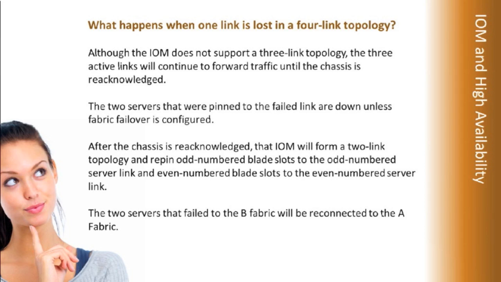But the great news is, what we will typically configure is NIC teaming in the operating system that's running virtually, or we'll do hardware-based failover as part of our service profile, which we'll teach you how to do. And this means that when there's the loss of a link, we fail over to the Fabric Interconnect B.